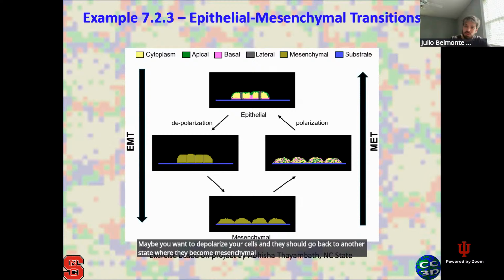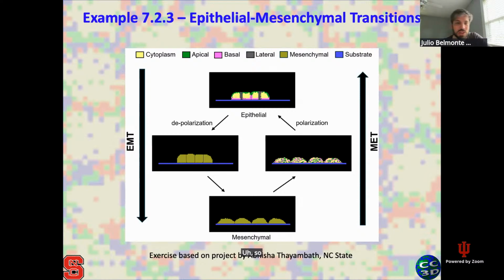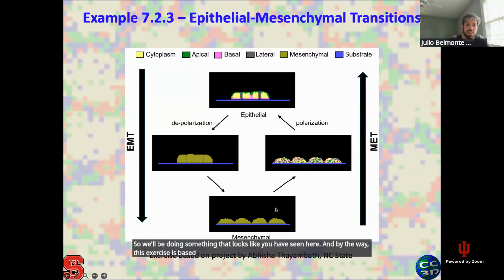Actually, you can loop through these states, and that's what we'll be doing in this next exercise. We'll be doing something that looks like what you have seen here. By the way, this exercise is based on a project that my student Abisha has been doing that will come out in a paper later.